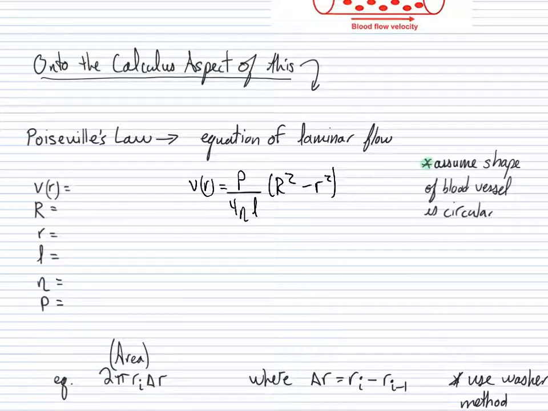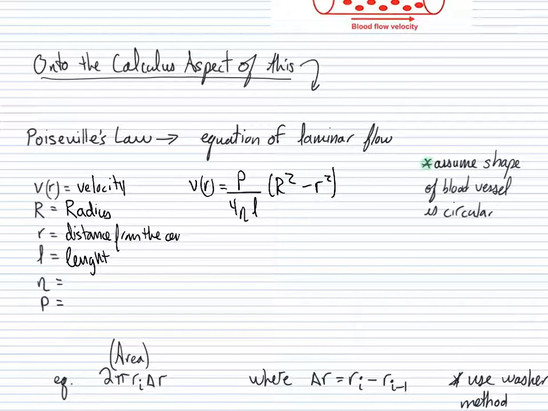V of r stands for the velocity. Big R stands for the radius. I have these out of order, but L is for the length, and little r is for the distance from the center axis.